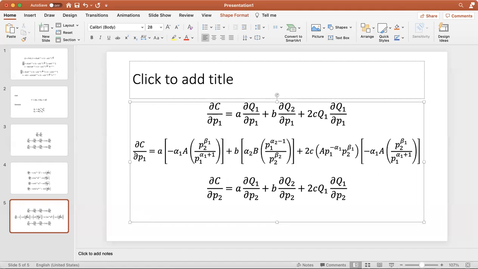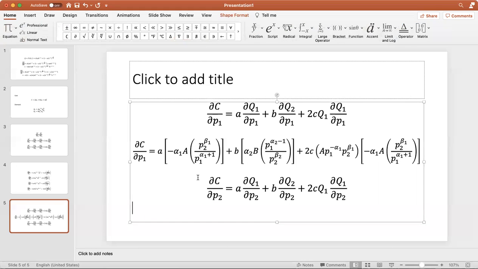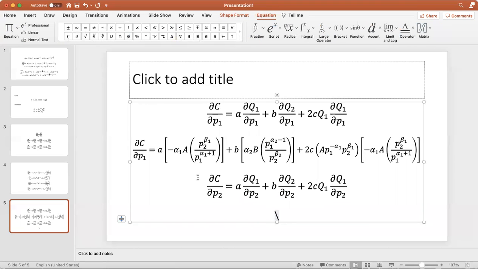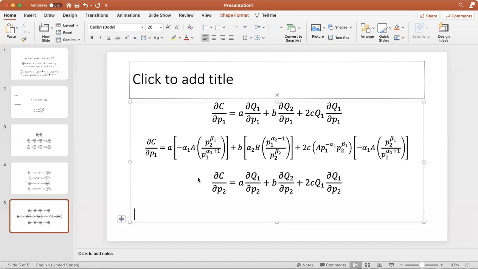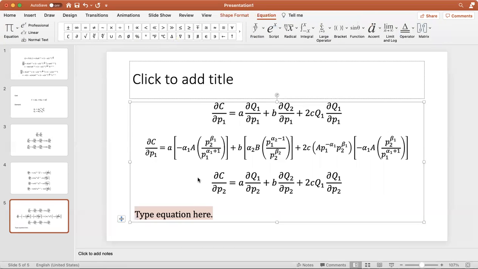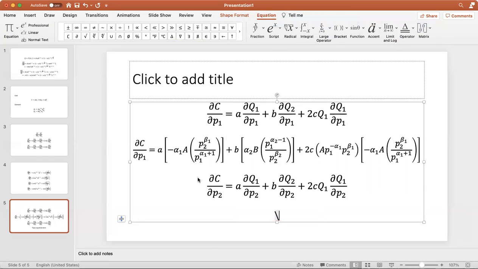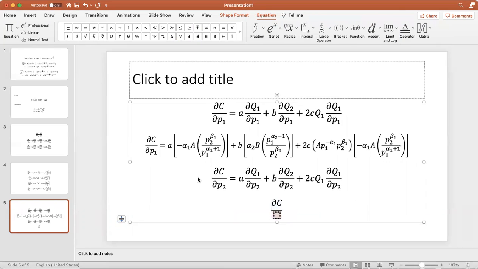Okay, and then we'll have the partial of C with respect to P2.